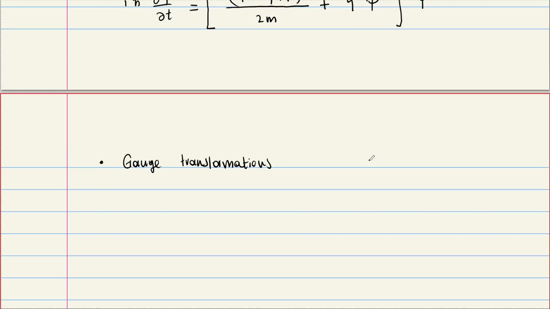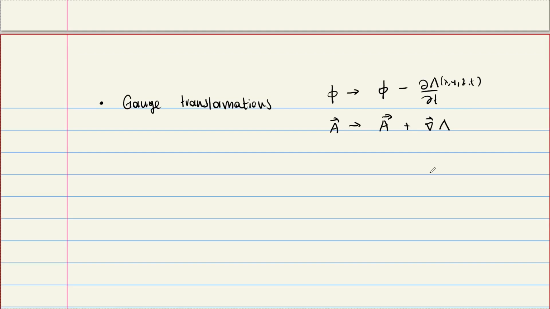And physical fields are E and B. And if you do, for example, phi goes to something like phi minus del lambda del t for any lambda of x, y, z, t, I'm not going to write the argument, and A goes to A plus gradient of lambda, E and B fields do not change.